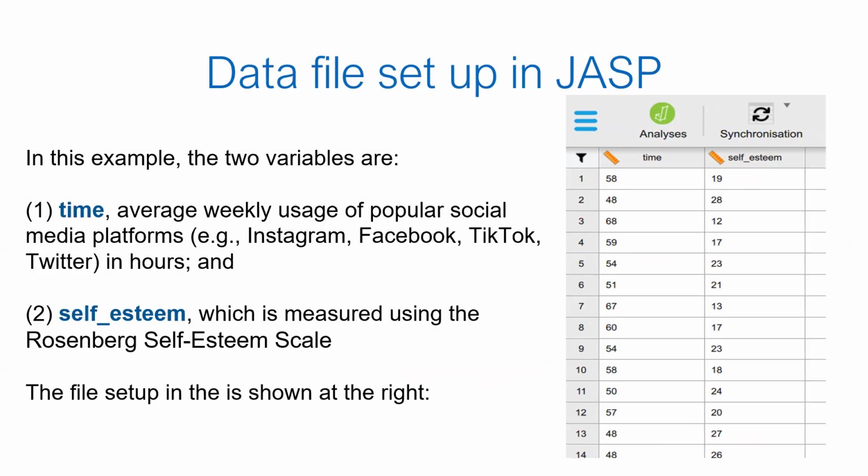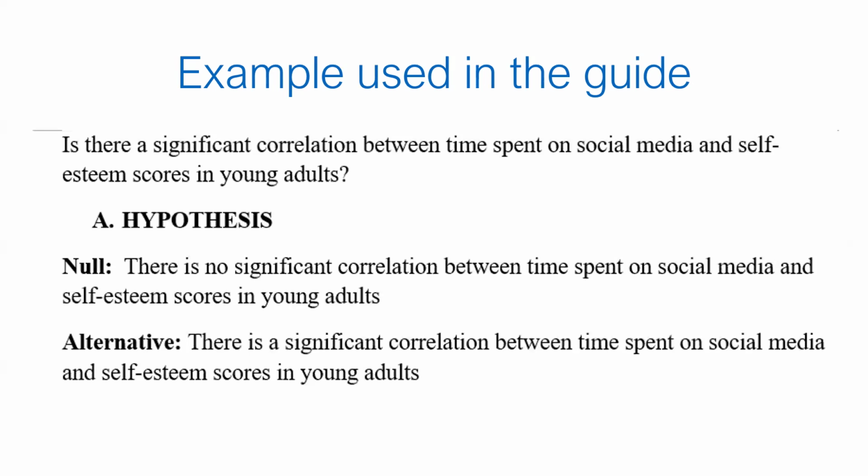Okay, and let's formulate our null and alternative hypotheses for our data. What we wish to answer is: is there a significant correlation between time spent on social media and self-esteem scores in young adults? So our null hypothesis would be there is no significant correlation between time spent on social media and self-esteem scores in young adults.